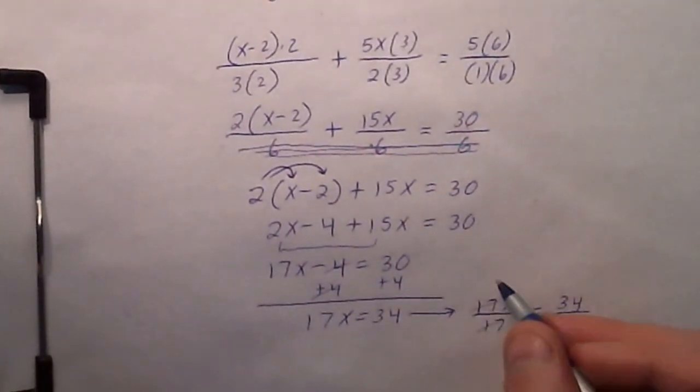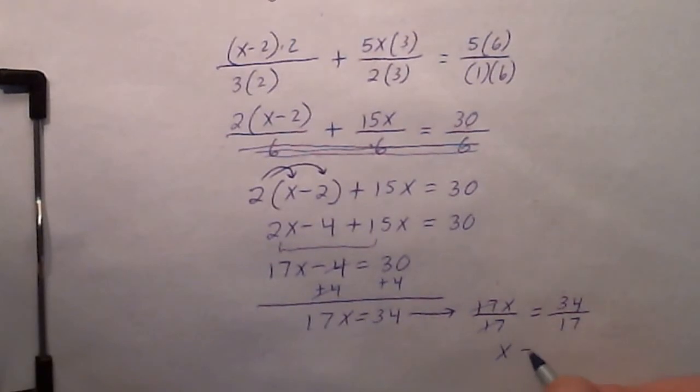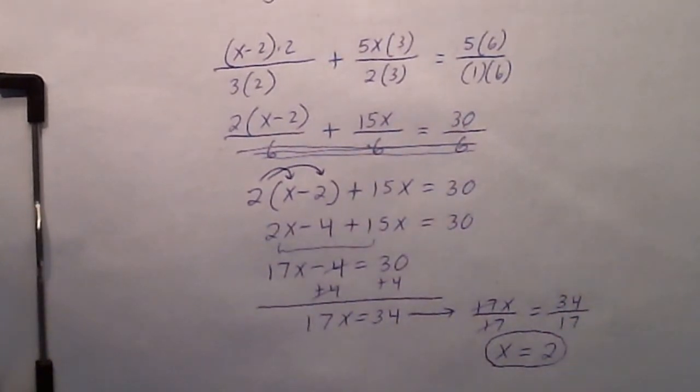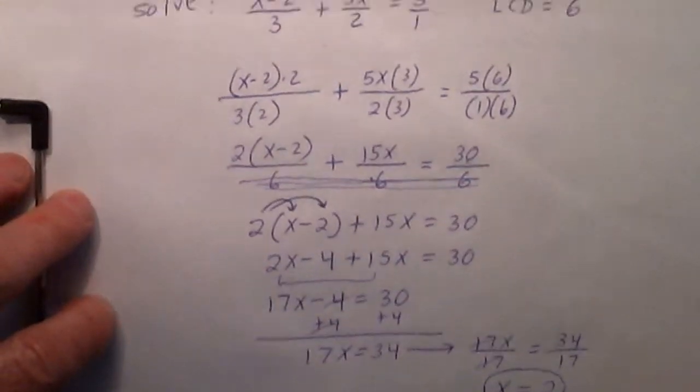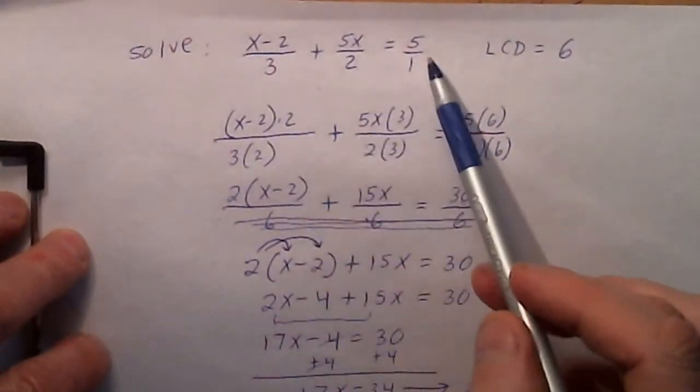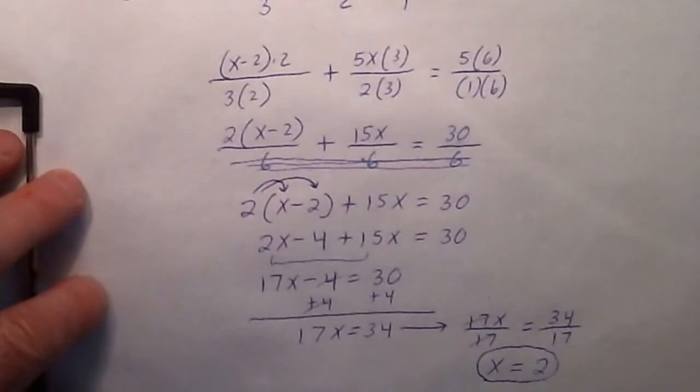And these 17s reduce out here, and we're left with x is equal to 2. 34 divided by 17 is 2. And that would be your answer. So 2 is the solution to this rational equation up here. And we're done with that problem.